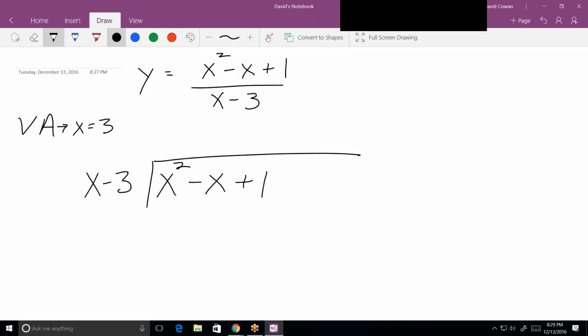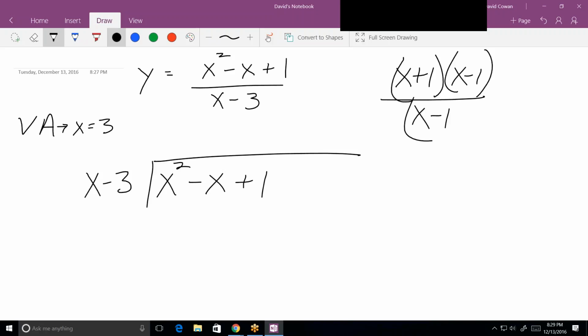In other words, if I have something like x plus 1 times x minus 1, all divided by x minus 1, I do not have a vertical asymptote at 1 because this function is equal to x plus 1. But I still cannot have x be equal to 1.